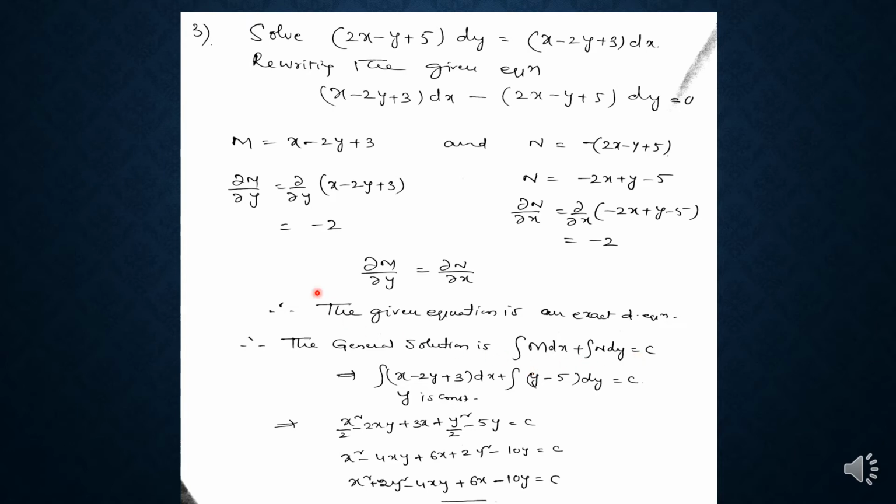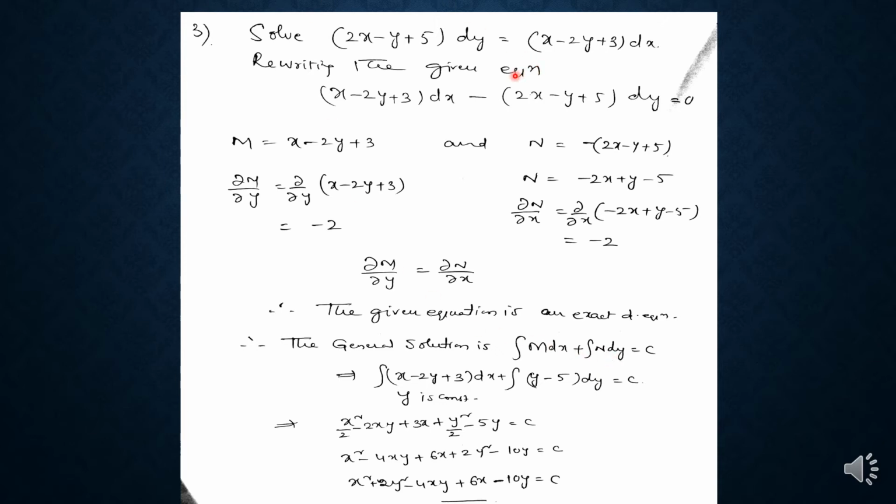So what is M? M is x minus 2y plus 3. Here we should remember we are integrating with respect to x, that is dx, so y will be treated as a constant. And in the second integral we should remember that, while taking the terms of N, they should be free from x. No x term should be present here.